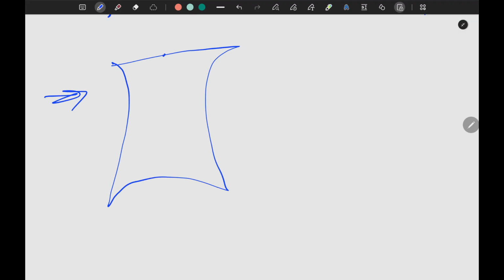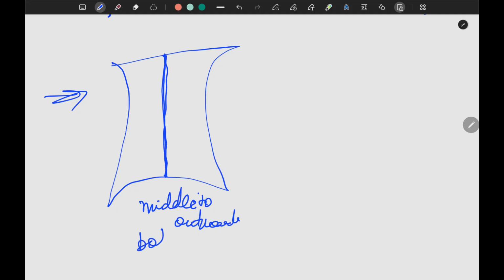And furthermore, after this cell plate gets matured enough, it starts to grow from the middle to outward, towards both sides.